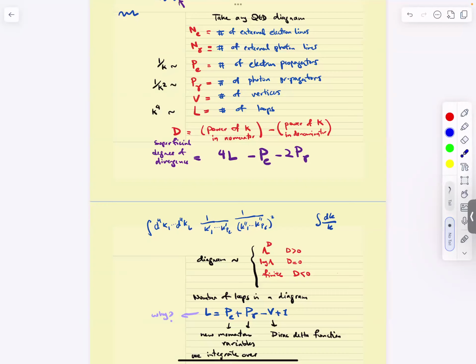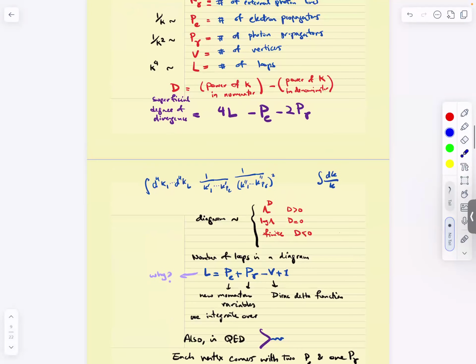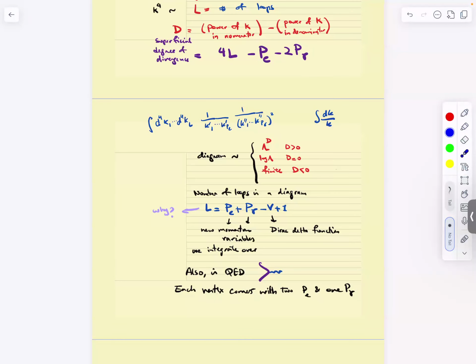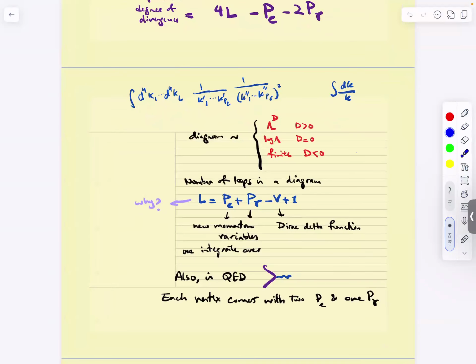It's a fact about the topology of Feynman diagrams. Roughly speaking, the thing to keep in mind is that these are new momentum variables we have to integrate over, and each vertex comes with a Dirac delta function. In QED, every vertex comes with 2 electron lines and 1 photon line, every internal vertex, every vertex in the middle. So try to argue for yourself that this relation holds. You could first test it by drawing a bunch of diagrams, but there's a topological reason for this.